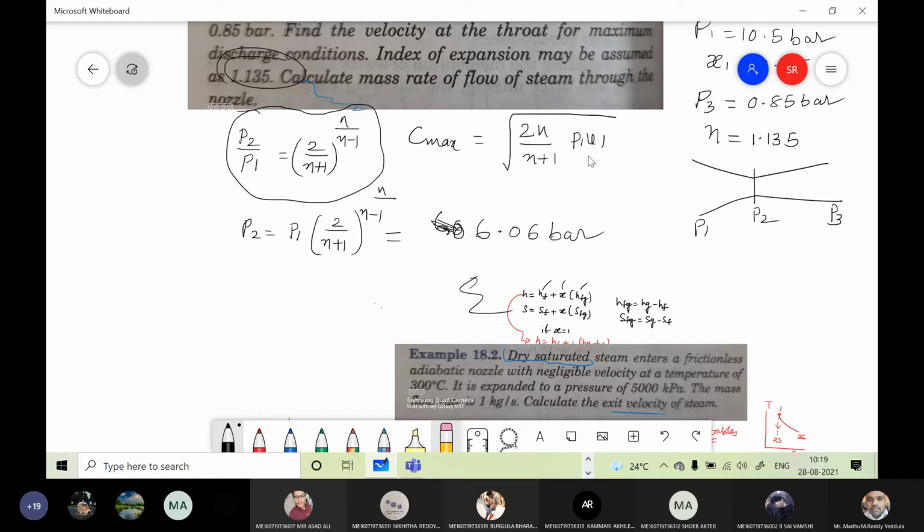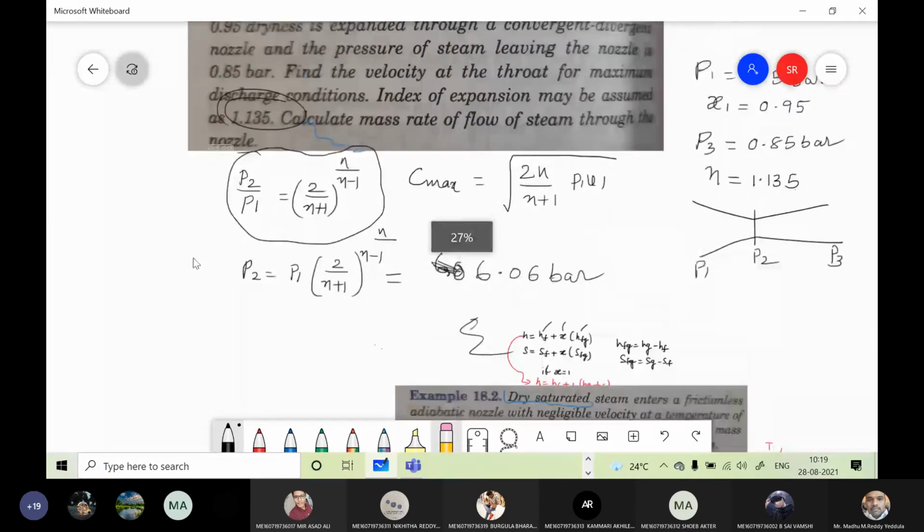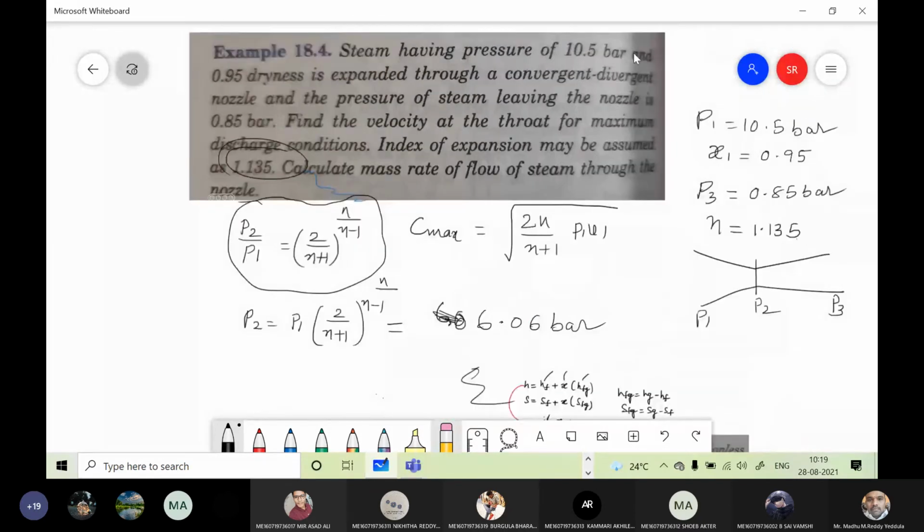How to calculate V1? What is V1? It is the specific volume at 1. Go open the steam table based on the pressure basis. Tell me VG1, the specific volume at 10.5 bar.